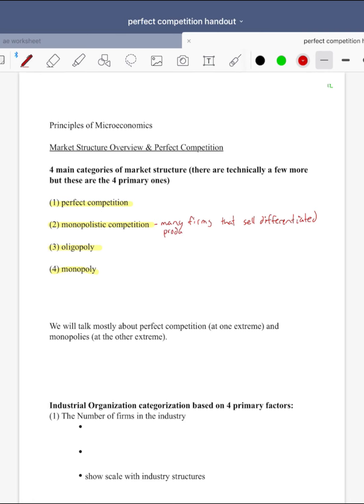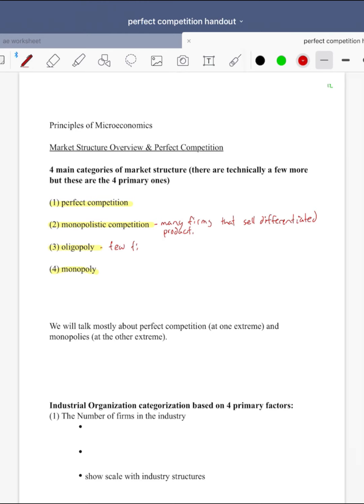Some examples of monopolistic competition could be your clothing stores, like Express, Hollister, Abercrombie and Fitch, or restaurants, like McDonald's, Burger King, Arby's, and Hardee's. There are many firms, and they sell what we call differentiated products, and we'll explain what differentiated products mean in just a moment.